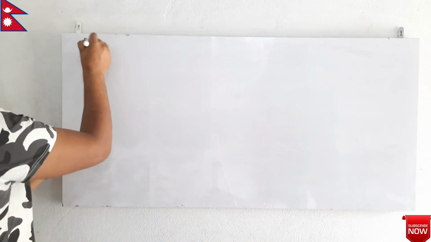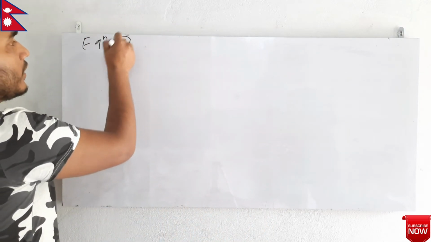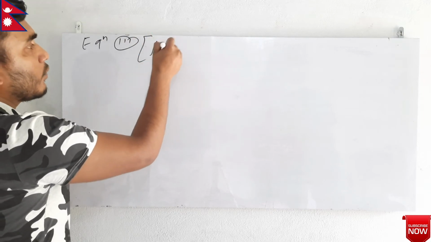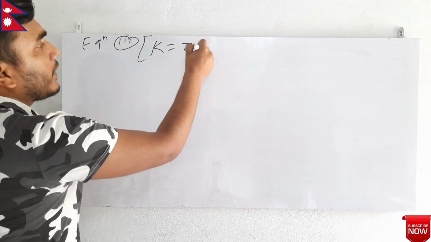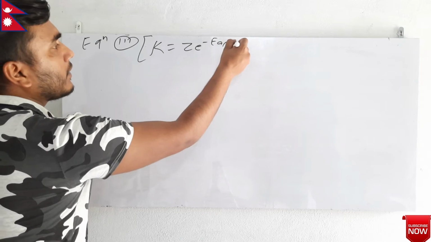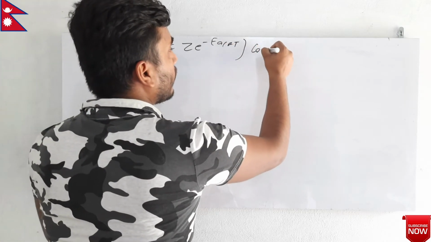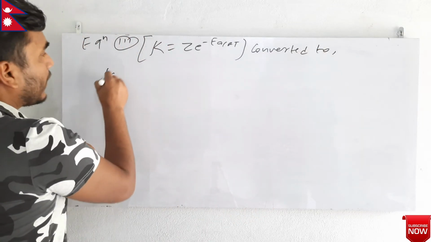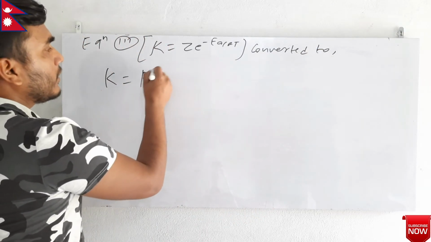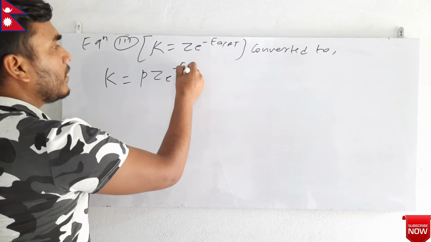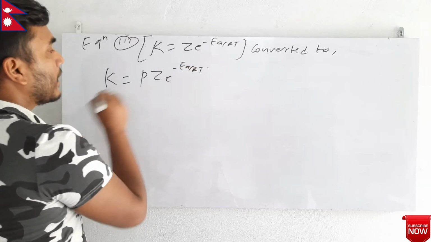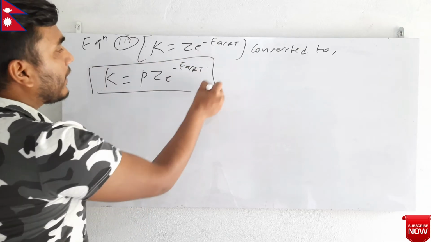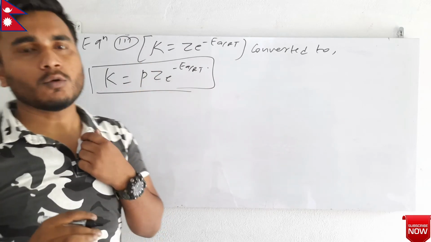So equation 3, what was equation 3? Equation 3 was k is equal to Z e to the power minus Ea by RT, converted to k is equal to P Z e to the power minus Ea by RT. So here an additional term, that is P, was included.